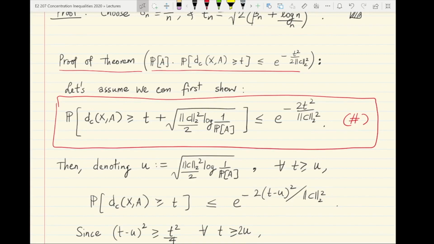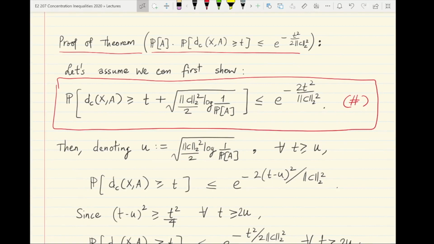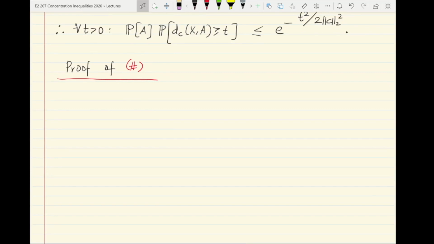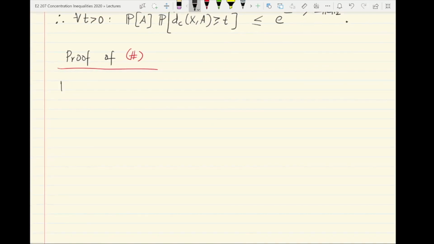Now all that remains is to prove the inequality star for the c weighted Hamming distance. So how do we do this? In fact, we will accomplish the proof of star using McDiarmid's inequality, which is essentially a statement about concentration about the mean.